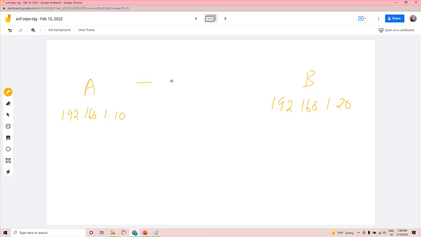Now A wants to send a message, a frame. To send the frame within a local area network, it needs the destination MAC address. Destination MAC address means B's MAC address.